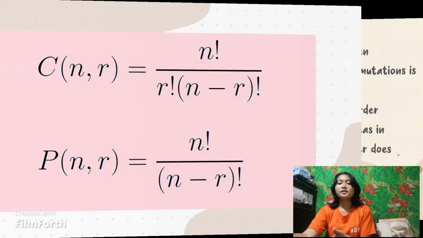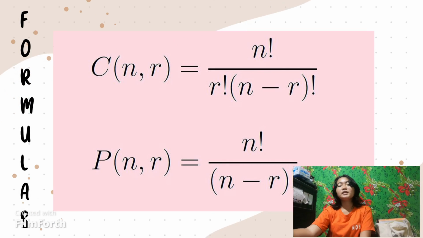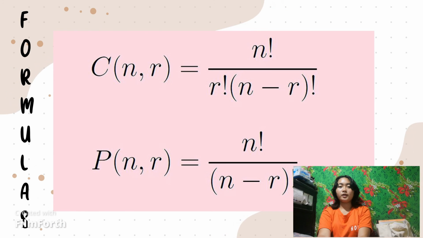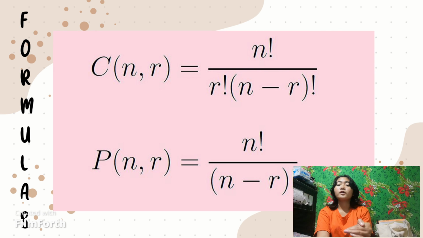And then on our next slide, we have our formulas for the combinations, which is n choose r, equal to n factorial over r factorial times n minus r factorial. For the permutations, it is typically the same except that there's no r factorial.